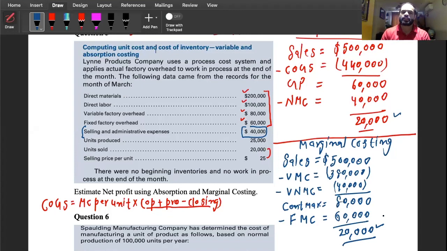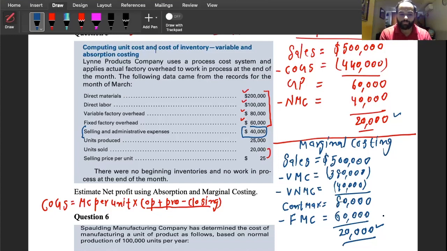But unfortunately, in this question, we have some lack of information. Like I told you, because of this information, the profit under marginal and absorption costing is the same. But generally, profit under marginal and absorption costing is not the same. You have practiced 4 questions, and you found that in all these previous 4 questions, your profit under marginal and absorption is not the same because you had specific information regarding the variable manufacturing cost, right?